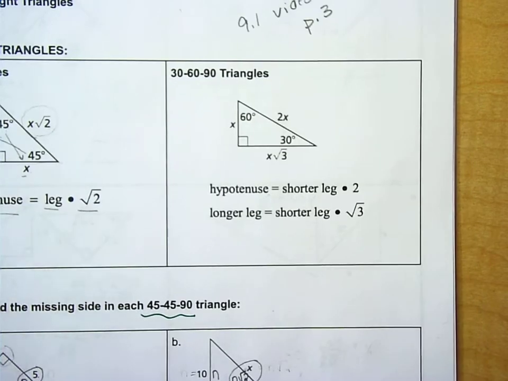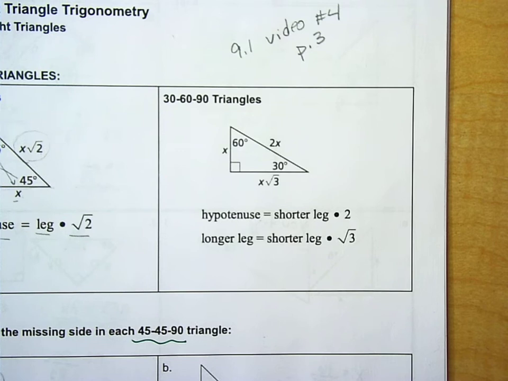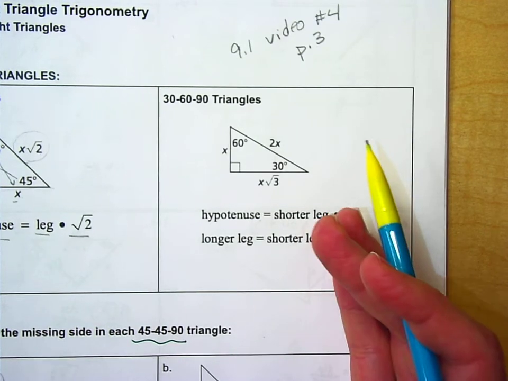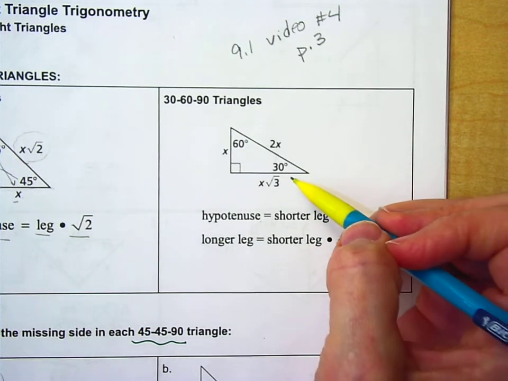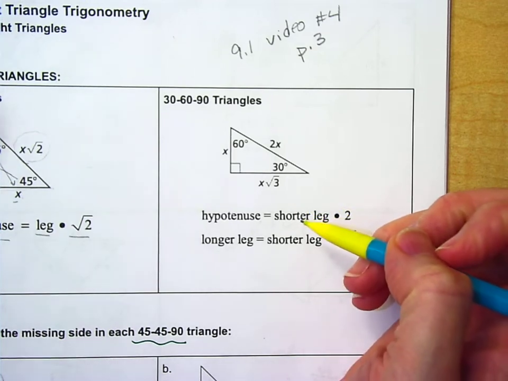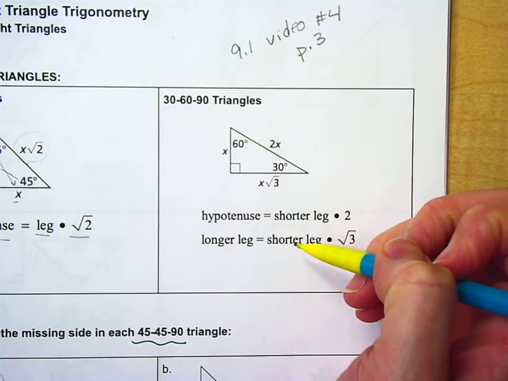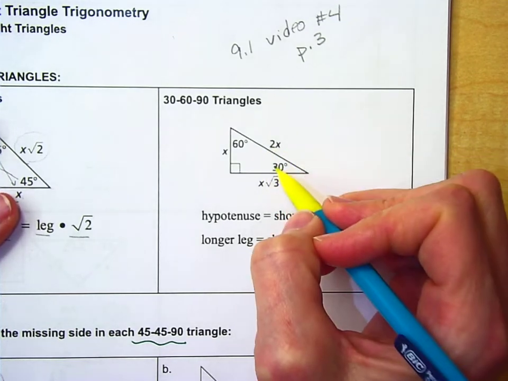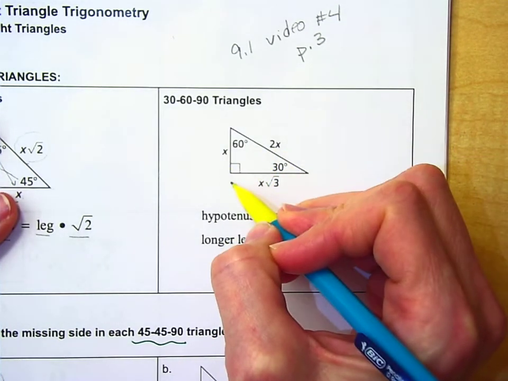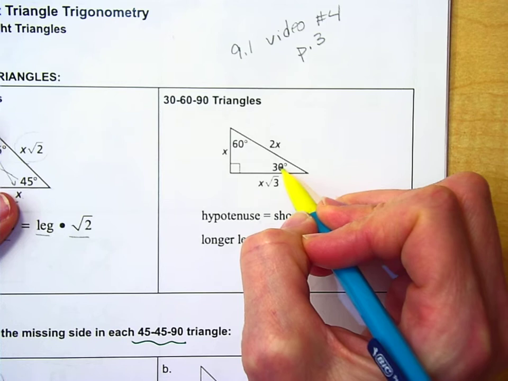And we have that unique relationship again for 30, 60, 90 triangles, just like we had for 45, 45, 90 triangles. This one's not quite as nice as the 45, 45, but still makes it easier to find missing side lengths. So the first thing you want to notice is we have our 90 degree here, and then we have a 30 degree and a 60 degree.